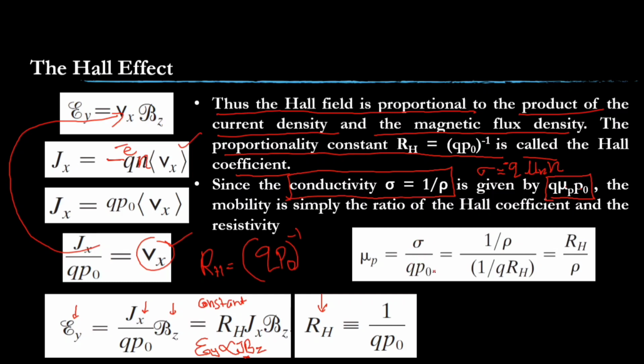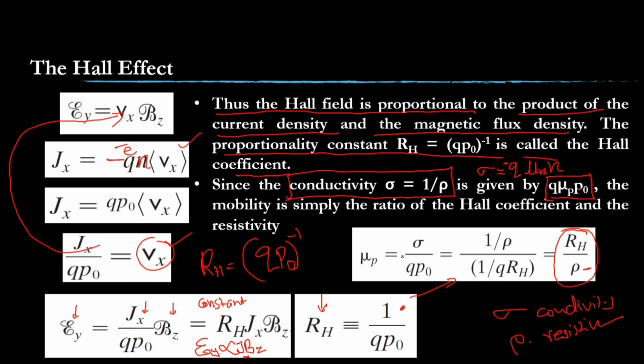We have already seen what RH is. So here this is the RH, and if I rearrange this expression, I get mu P is equal to RH divided by rho, where sigma is the conductivity and rho is the resistivity.